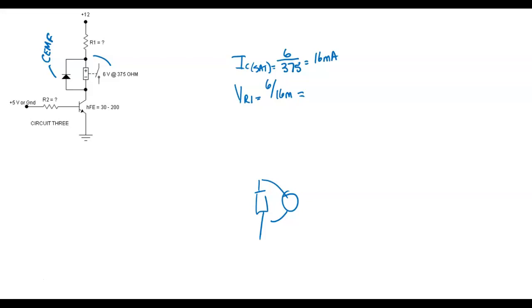So VR1, what's VR1 going to be equal to? 375 ohms? Is that a standard value? Here we're just going to round this to the nearest one. If you put a little too much current in it, it's not going to hurt it. If you put not enough, it's not going to hurt it. So what's our closest ohm value to that?